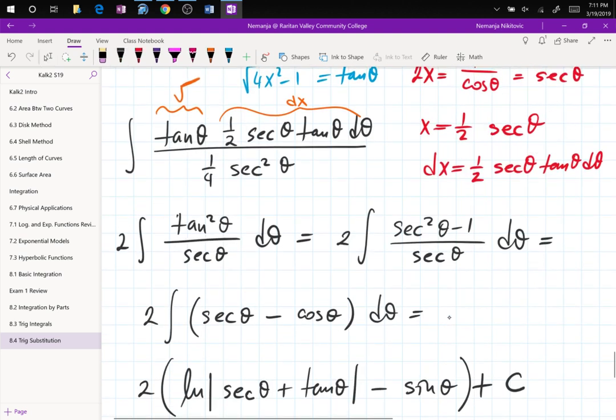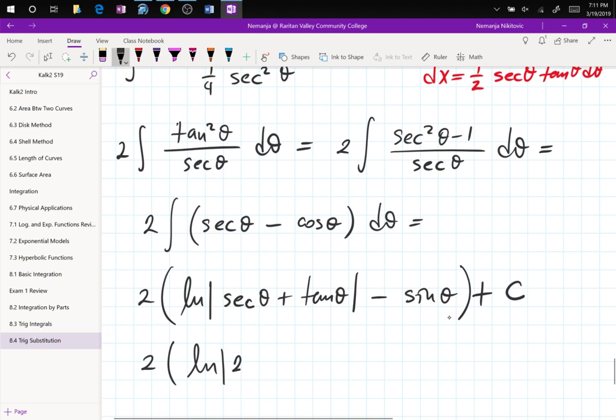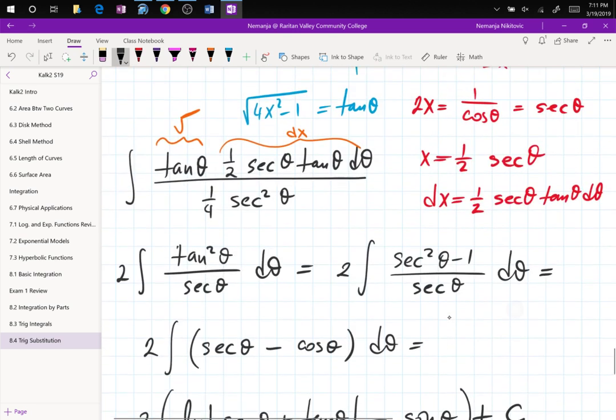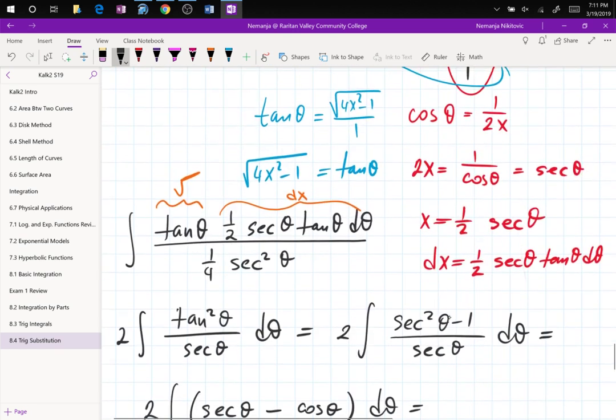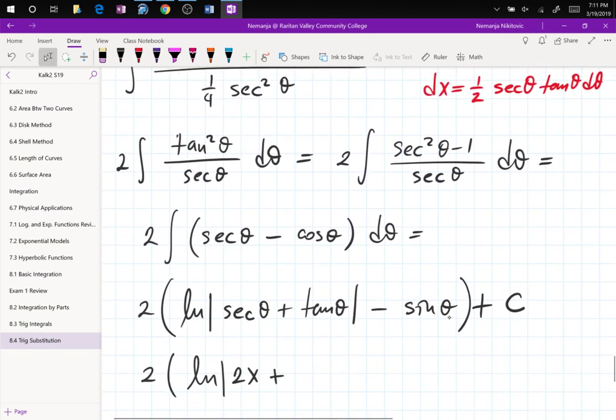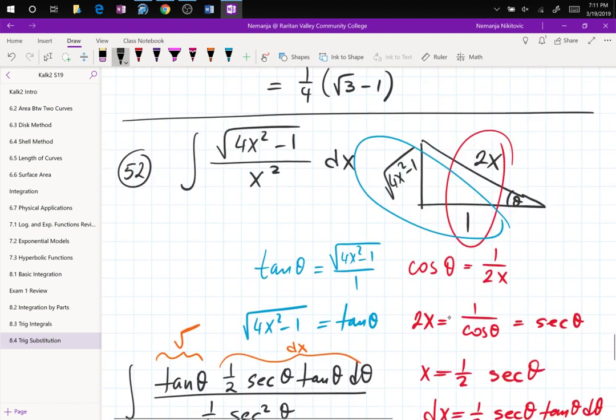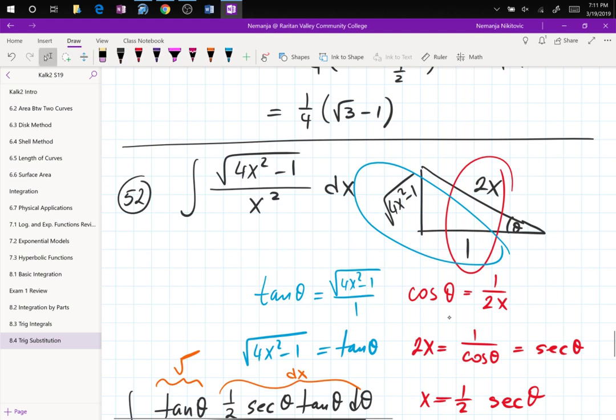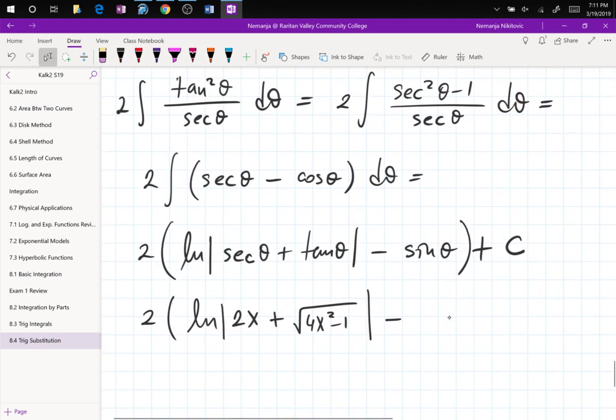So secant is 2x, great. Plus tangent. Tangent is a square root, great. Minus the sine. What's the sine? Square root over 2x. Plus c.